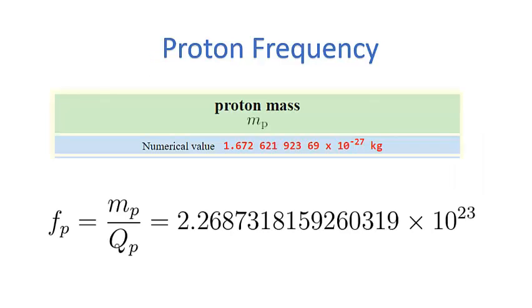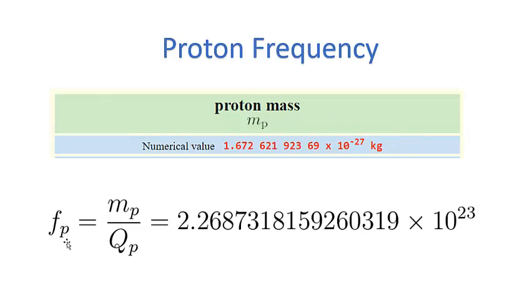The proton frequency can be calculated using my equation if I rearrange it in terms of frequency. So the frequency of a particle is equal to the mass of the particle divided by the quantum of mass. And here is the proton mass from the NIST standard. It is 1.672, etc., times 10 to the minus 27, which is a very small mass.